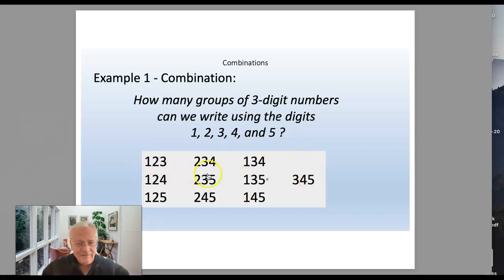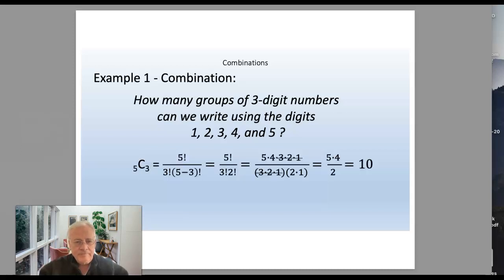They're listed right here. There's only 10 groups of 3 that we can make choosing from 5 numbers. You can check the formula, and sure enough, 10 ways. It's very similar, but again, instead of 60, we're dividing by 3 factorial as well. So we divide by another 6, and we get 10.